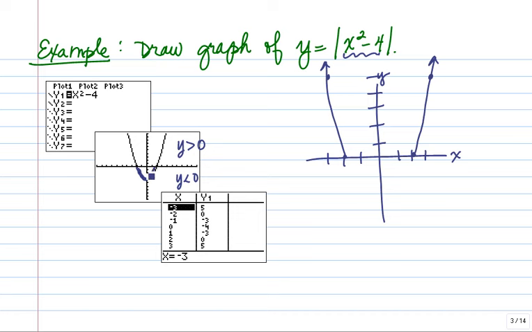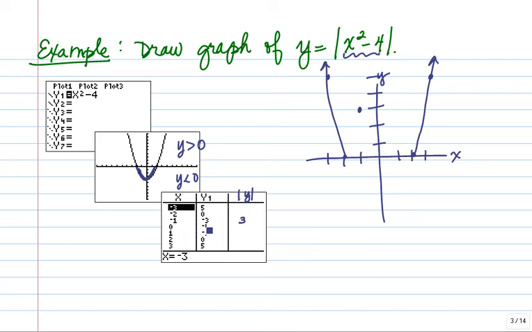Now if you remember, you can just do the reflection across the x-axis, you could get the graph, but we could specifically do this. Look here, when x is negative 1, my original y value is negative 3, but I've got to take the absolute value of that. So the absolute value of negative 3 is 3. So on my graph I should have a negative 1, 3.